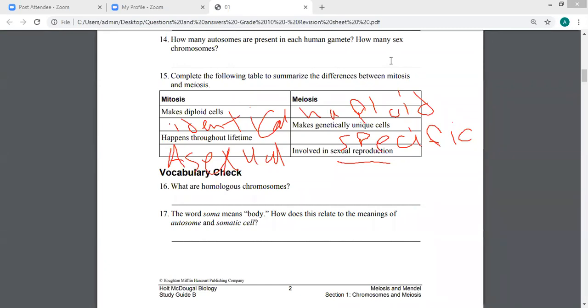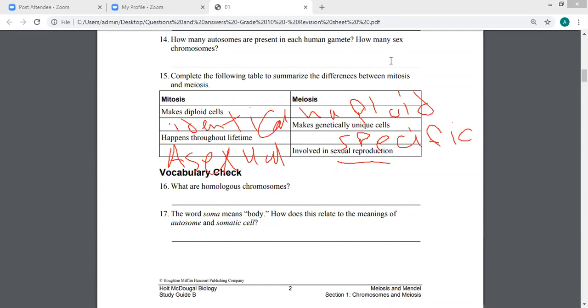Okay, listen to me. The meaning of homologous chromosomes, there are 3 points. Point number 1, they are similar to each other. Number 2, they carry the same gene. Number 3, one from father and the other from mother.